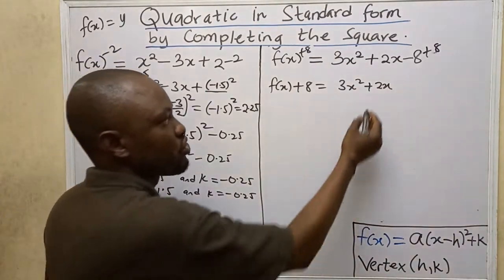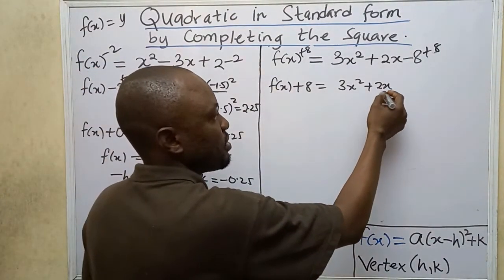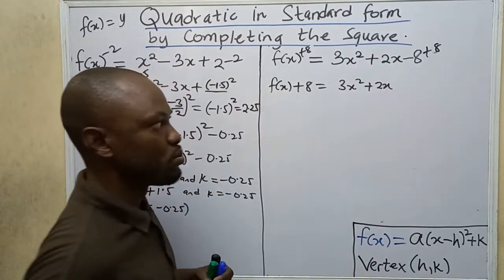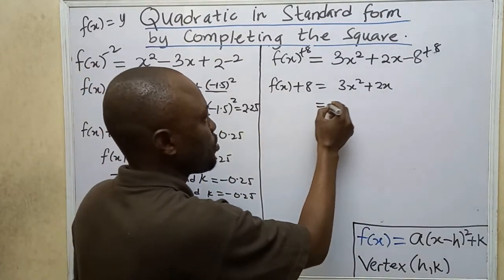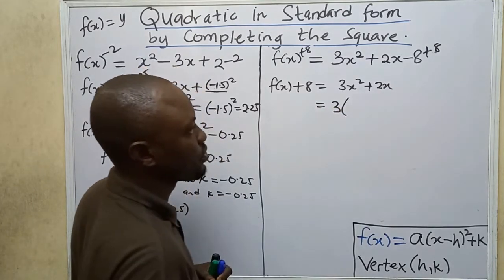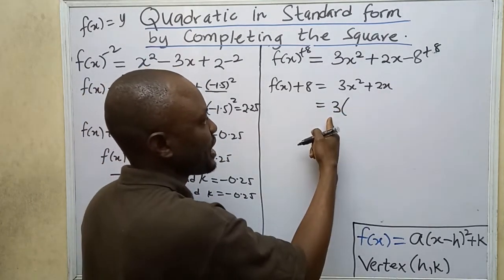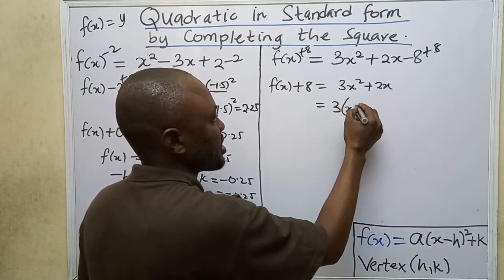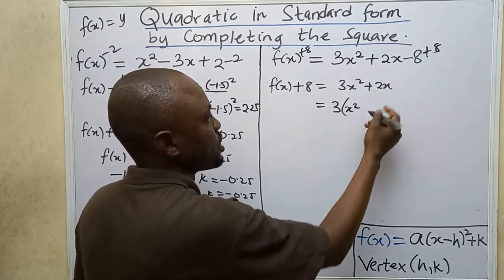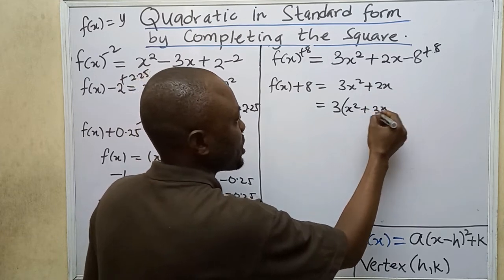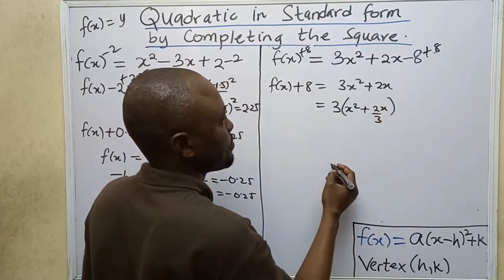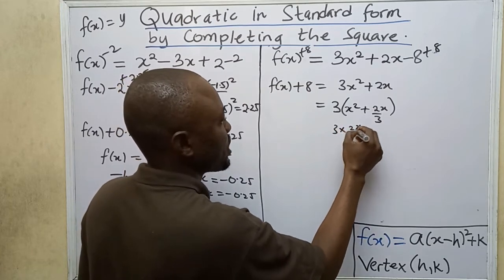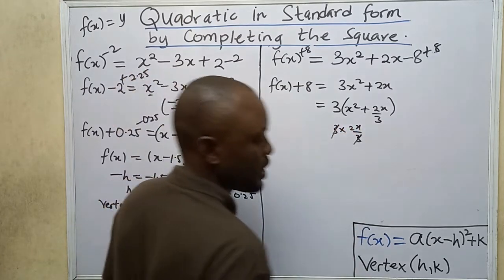I won't just go straight ahead to divide the coefficient of the middle term by 2, square it and add it to both sides because of this 3. So I'll factor out 3.